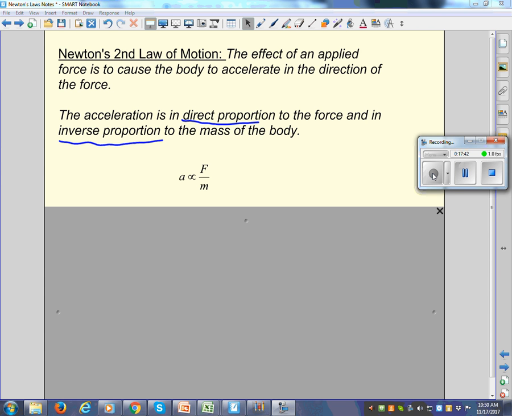Okay, so what do I mean by direct proportion? What does that mean? That's a math term. Trent, what does it mean, direct proportion? You know? No? If something's proportional. Okay, let me see if I can give you an example of proportionality.